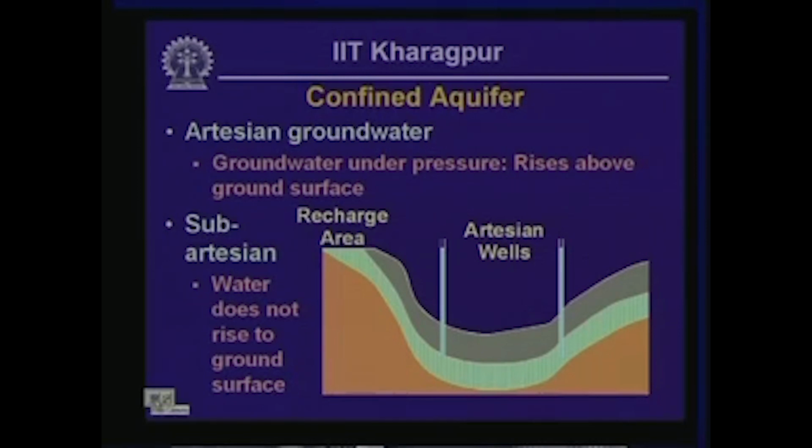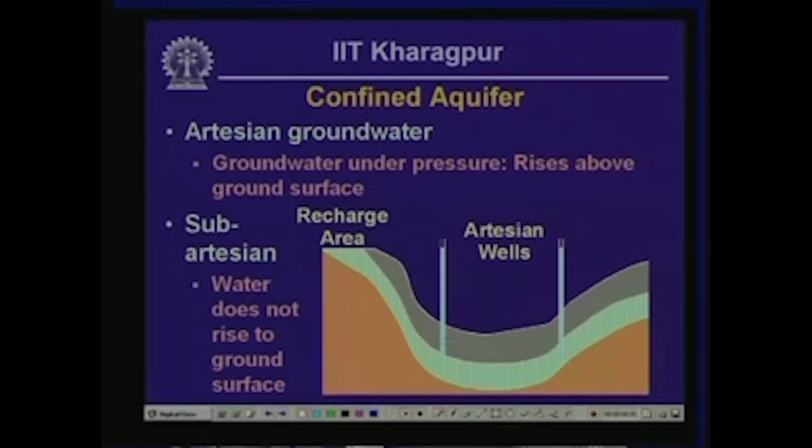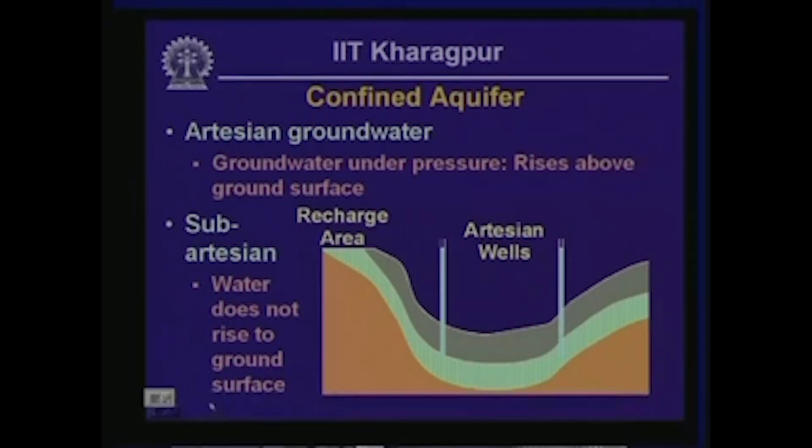So for instance, if we had the water rising in this particular illustration to a level up to here, which is below the ground surface, then the wells are going to be called sub-artesian water wells, and the groundwater condition is going to be called sub-artesian groundwater condition. Okay.